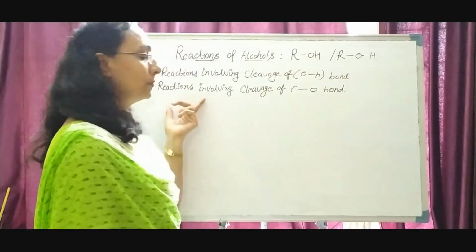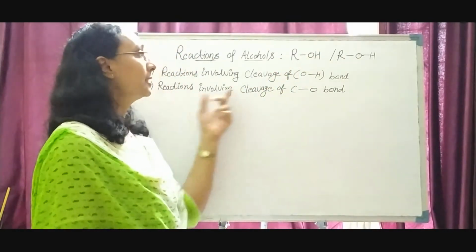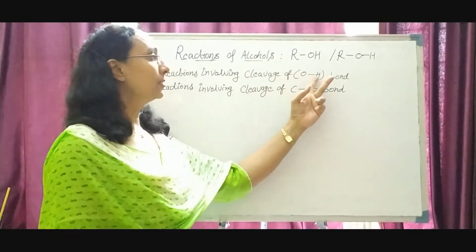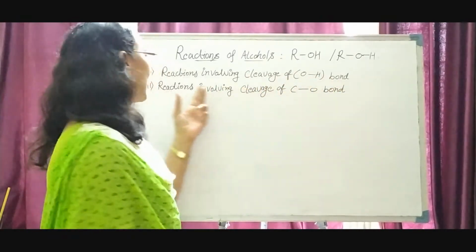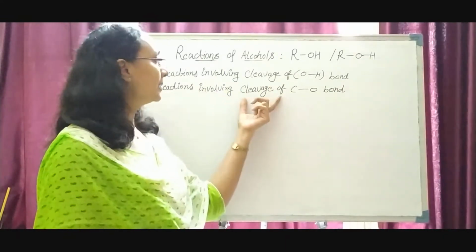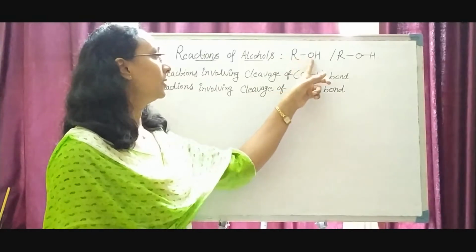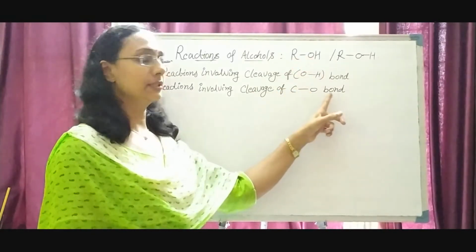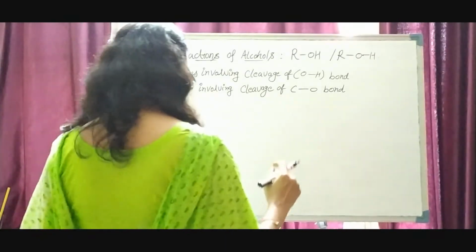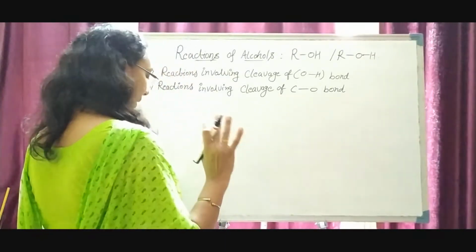Alcohols involve reactions in which the cleavage of the O-H bond, that is the oxygen and hydrogen bond, is involved, and another type of reaction in which the cleavage of the carbon and oxygen bond is involved. Now we will see the example of cleavage of the OH bond.